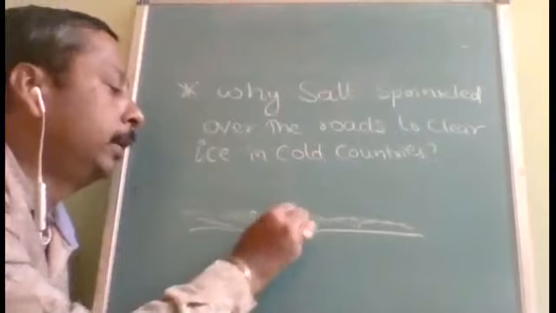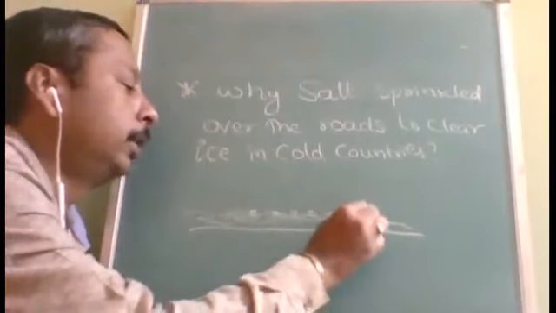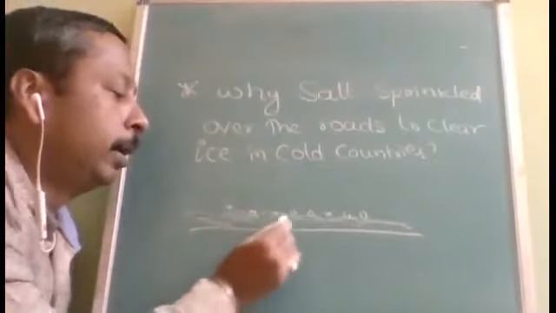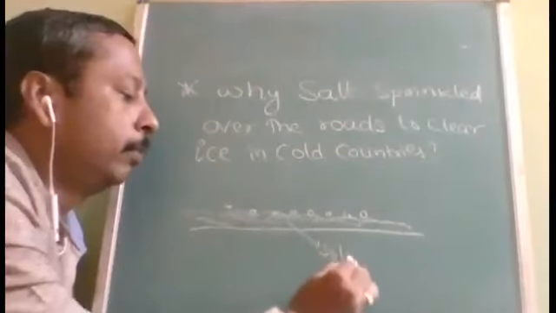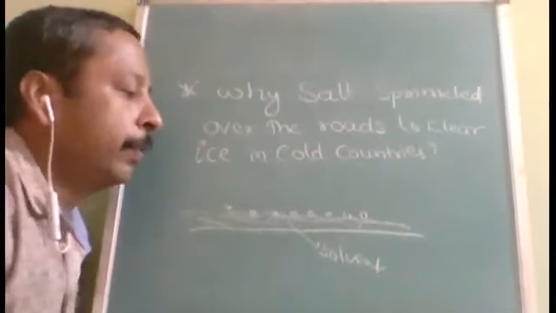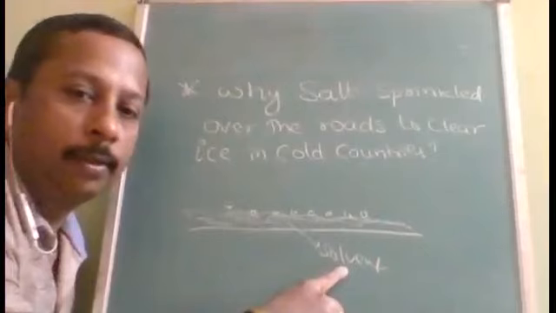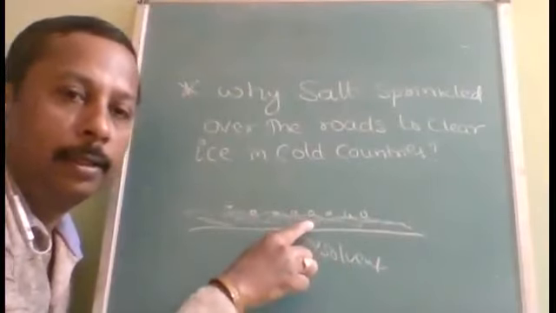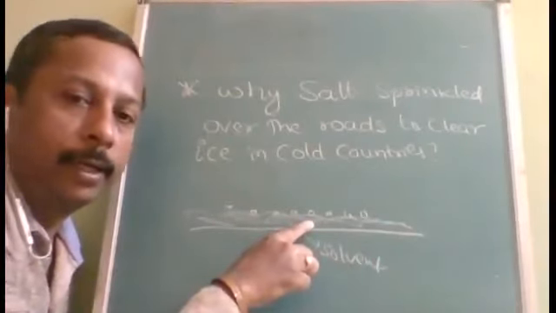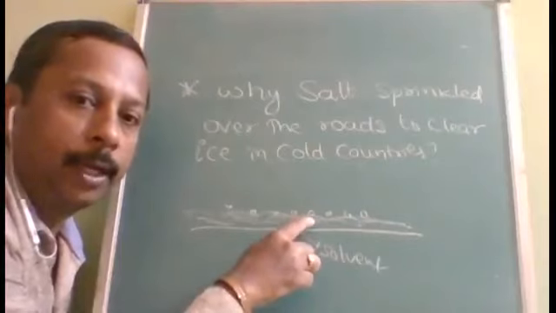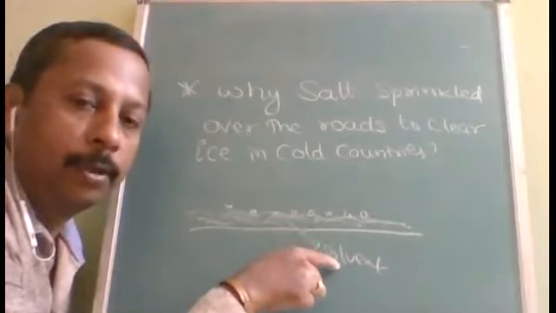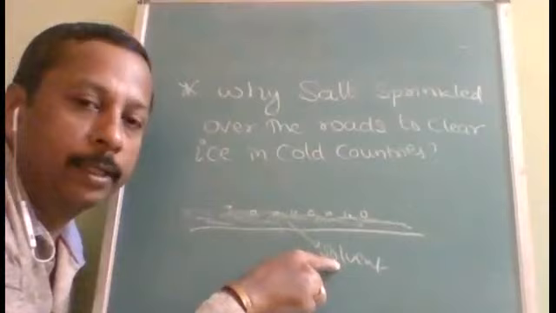Earlier it was only solvent. Water is a solvent. Now to the volatile solvent we are adding a non-volatile solute. When you add a non-volatile solute to a volatile solvent, the freezing point decreases.